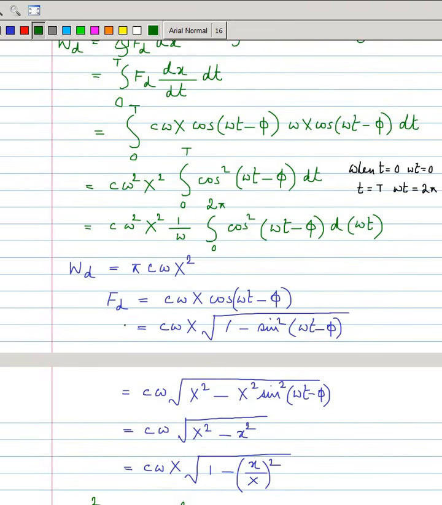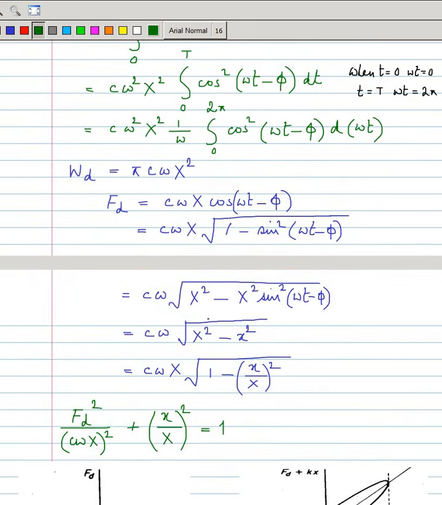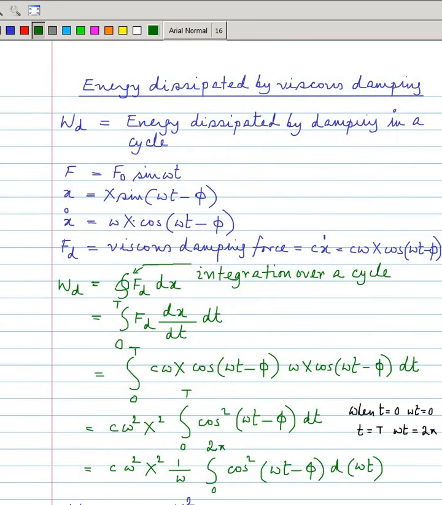Now see, for viscous damping, Fd is c omega x cos omega t minus phi, or c omega x under root of cos square omega t minus phi, which is 1 minus sine square omega t minus phi. So c omega times the square root of x square minus small x square, and this is small x because small x is this.